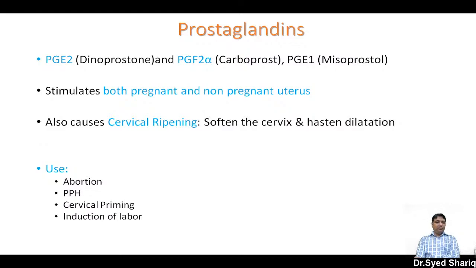So the two major roles of prostaglandins are abortion and cervical priming. Apart from that, they can also be used in PPH and induction of labor, but not as a standalone agent. They can be used for cervical ripening in patients in whom the ripening is slower while giving oxytocin.